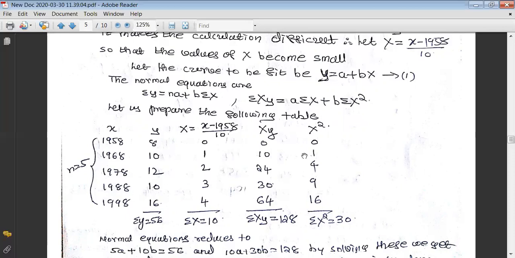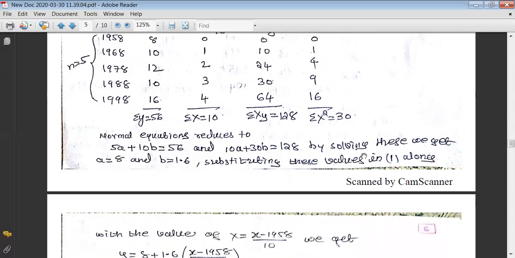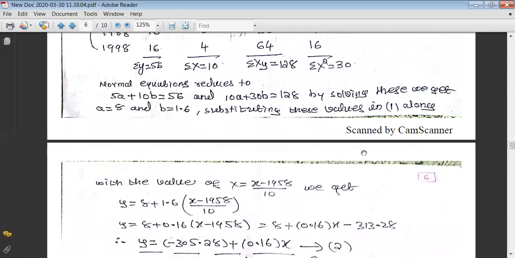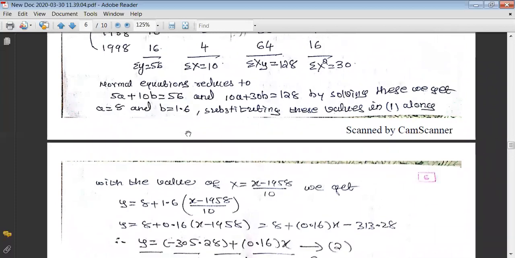And we have to calculate capital X into small y and capital X square, and their total or summation values are going to be like this. Once you use these values in the normal equations and once we solve them, we are going to get the values of small a as 8 and small b as 1.6.